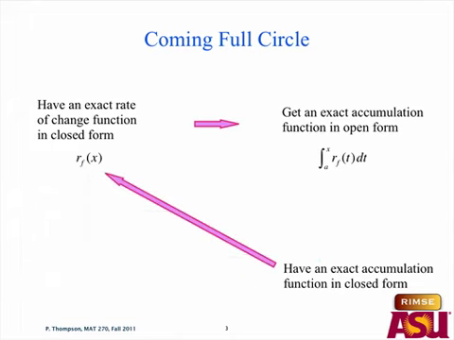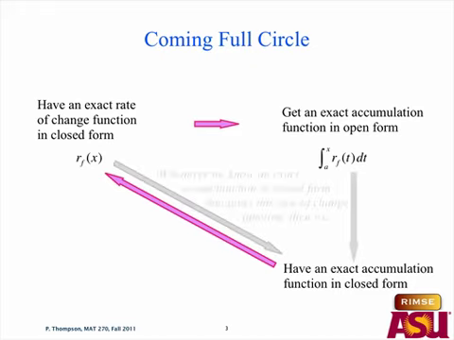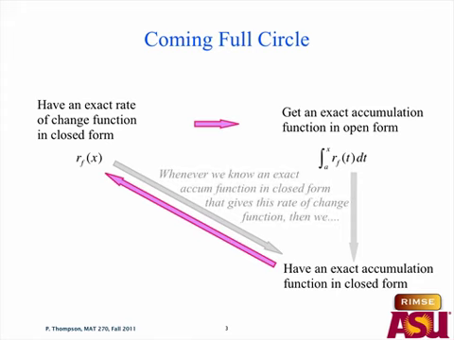So now there's only one more piece to this puzzle, and can we get closed form accumulation from closed form rate? And we just saw that we can do it. Okay, but we can do it when we have the accumulation function from which that rate came. So whenever we know an exact accumulation function, we can get its rate of change function, and then we can build any closed form accumulation from that rate.